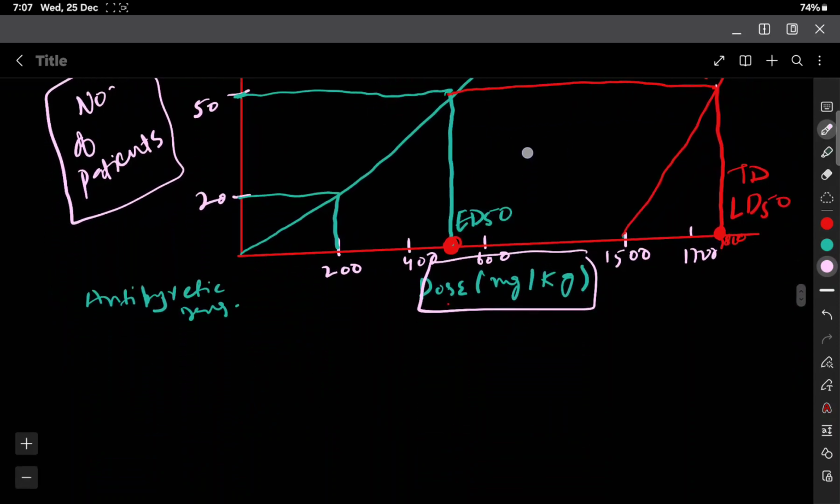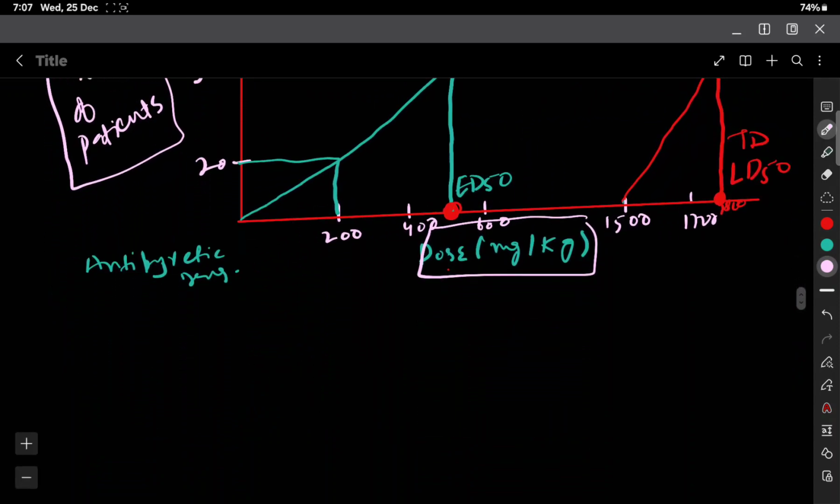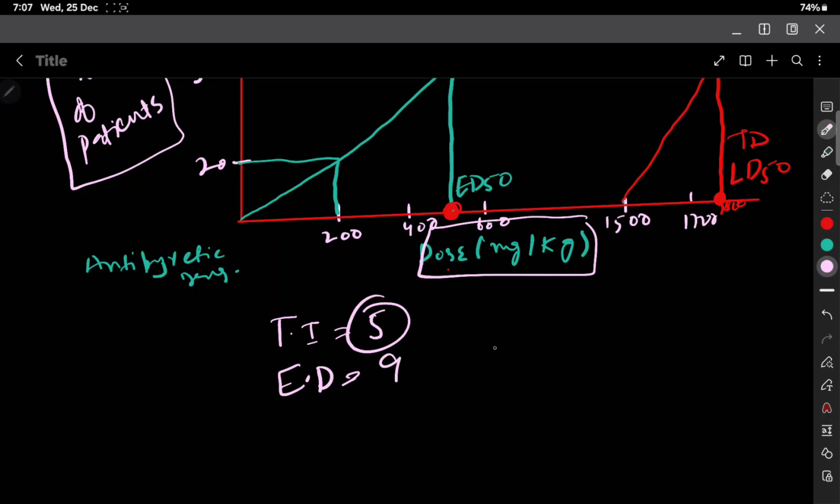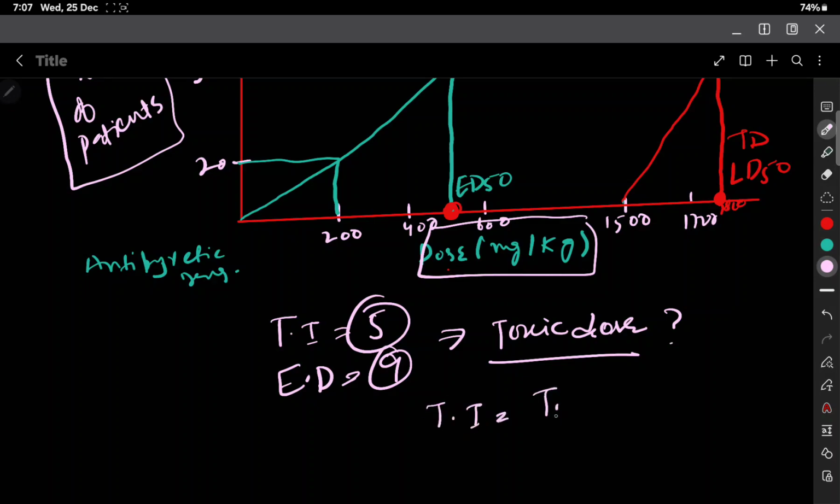Now I will give you one more example. For example, the therapeutic index of a drug is 5. TI of the drug is 5, and its effective dose ED is 9. Now you have to calculate the toxic dose. So what is the toxic dose? The therapeutic index of the drug is 5. We have the formula, therapeutic index is equal to TD50 upon ED50.